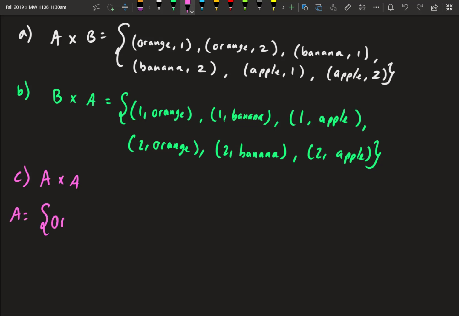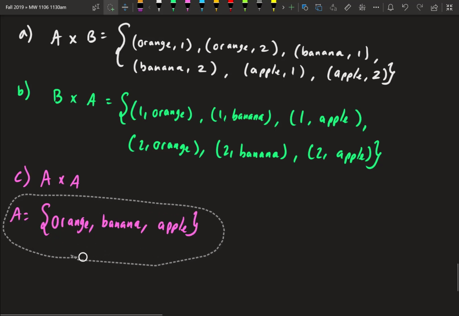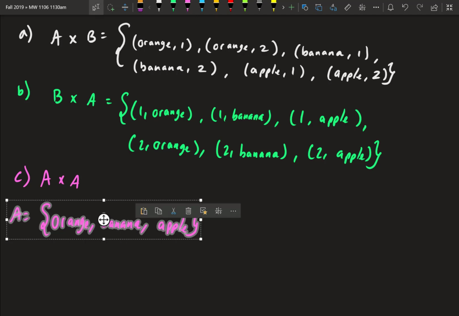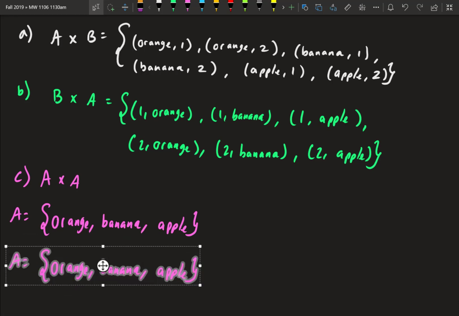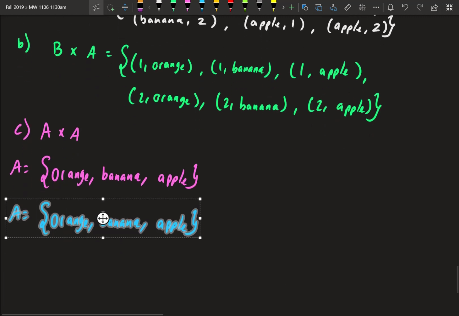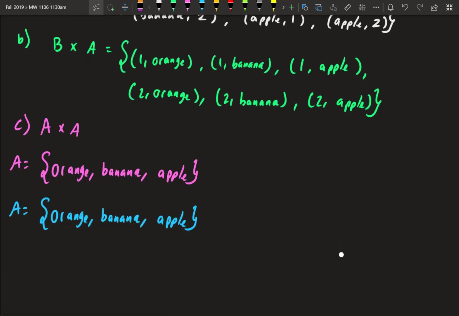That'll help us out. All right, so we're doing each to each: orange orange, orange banana, orange apple, banana orange, banana banana, banana apple, apple orange, apple banana, apple apple.